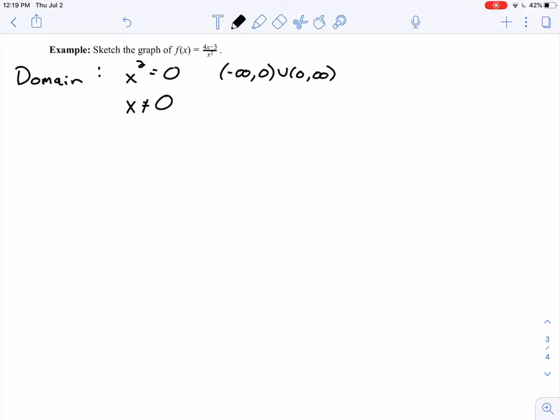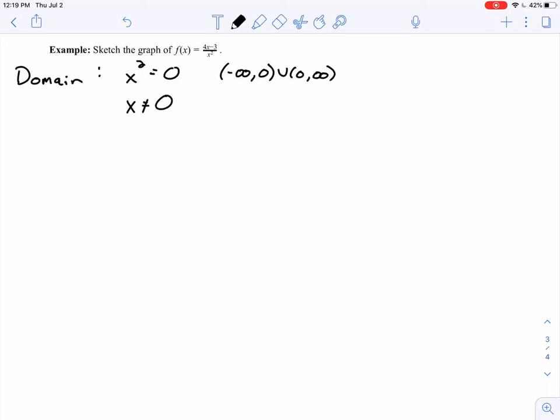The other thing that I want to check with this original function, and we haven't done this since chapter 2, is my asymptotes. What sorts of asymptotes do I have? Do I have any vertical or horizontal asymptotes? For vertical asymptotes, remember, those occur when your denominator is equal to 0, but your numerator is not.